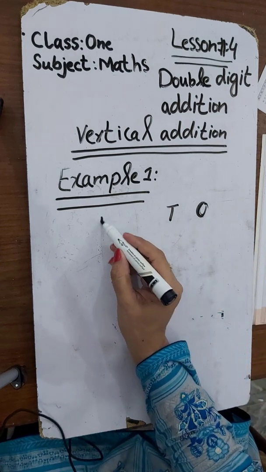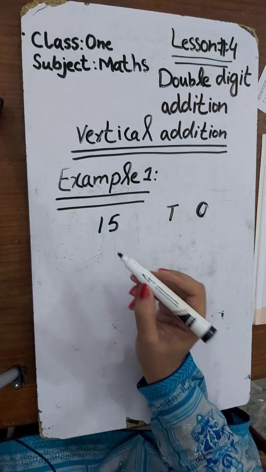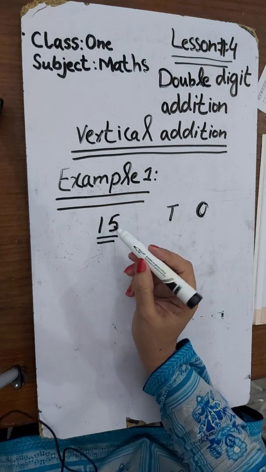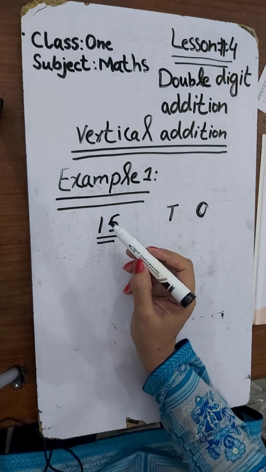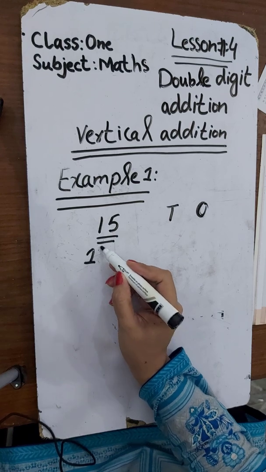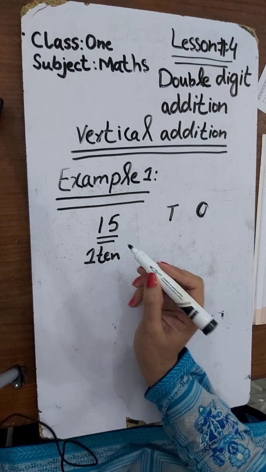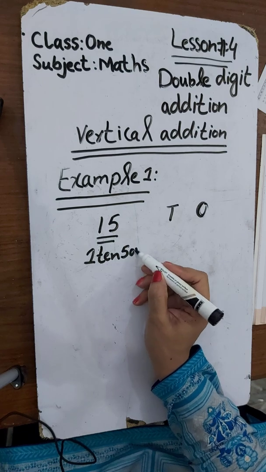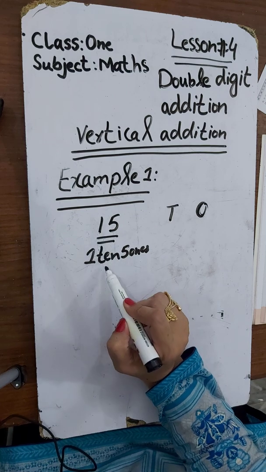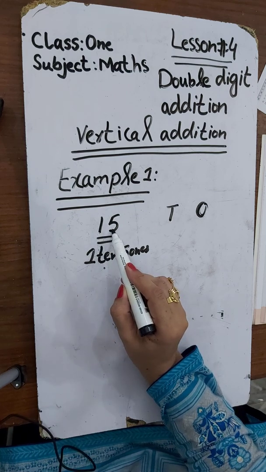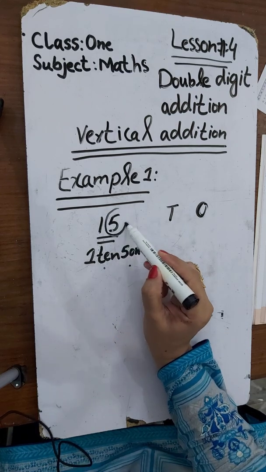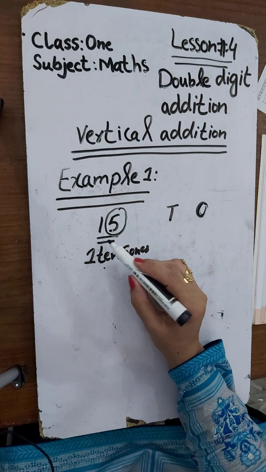If we have the number 15, you know very well this number is 2 digit. It has 1 ten and 5 ones. So in 15, 1 ten and 5 ones are present. In which column will you write 5?